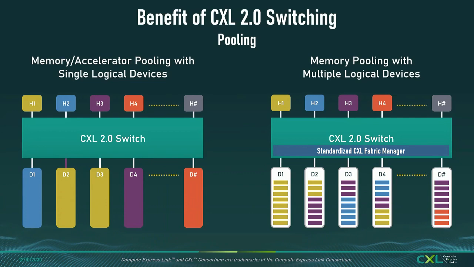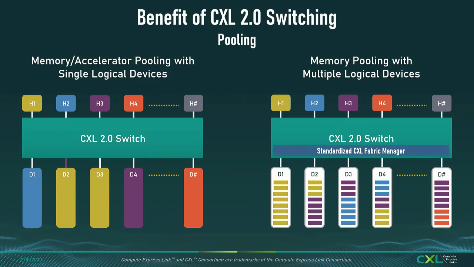Let's take a look at the current set where device D1 is assigned to host H2. D2 is assigned to H1. D3 is also assigned to H1. And these are represented by blue color and green color, right? So you can see who is assigned to what. That's just a pictorial representation.